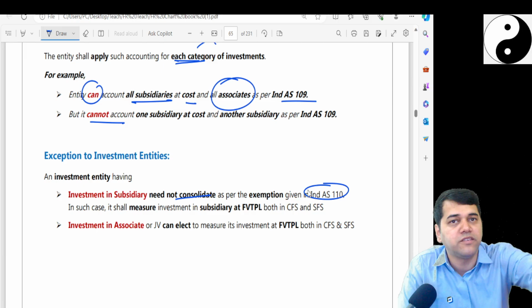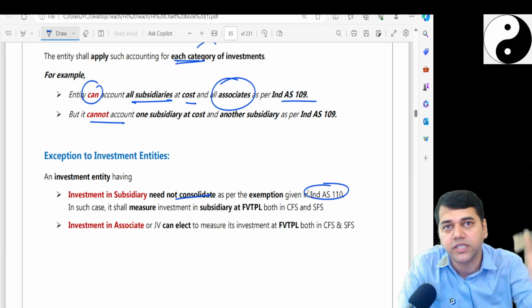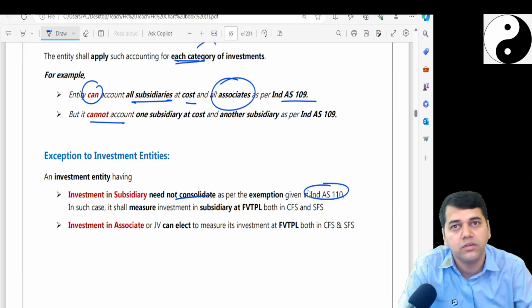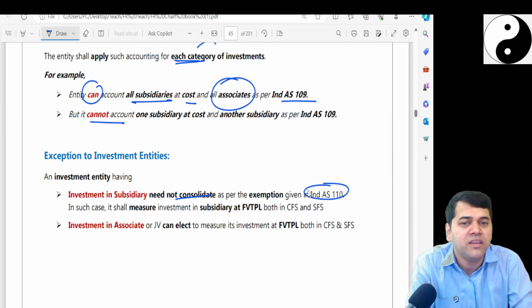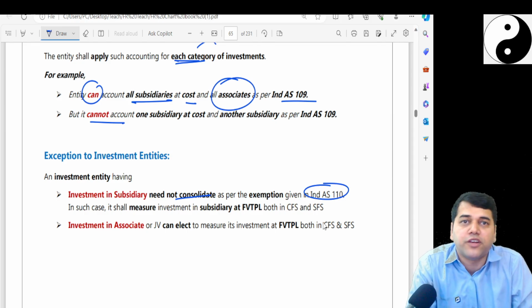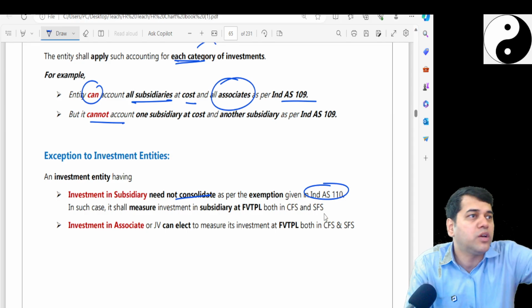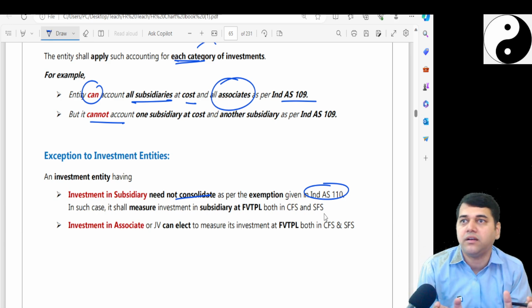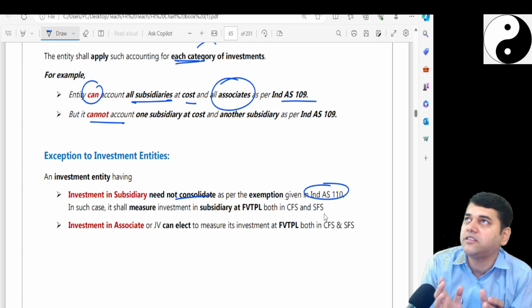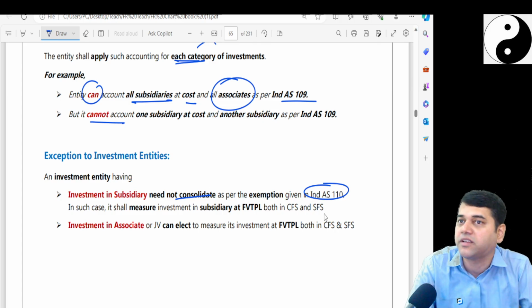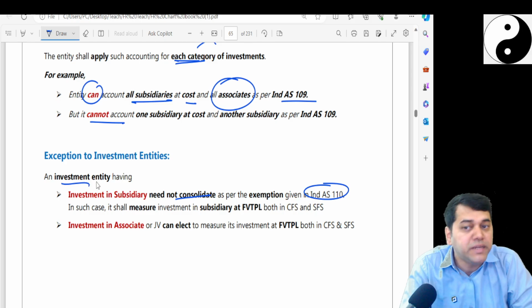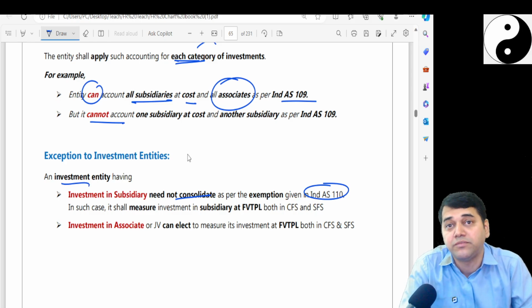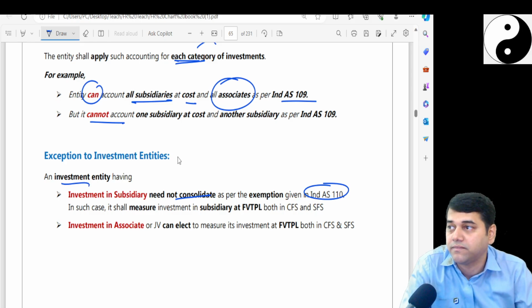LIC has invested in one company. What is their objective? Returns. Their objective is not to control the operations. That's why there is no point in preparing a consolidated balance sheet. Why would your plant and machinery be added to mine? Somebody will get confused. In LIC's consolidated balance sheet, plant and machinery is coming. What are you going to do with that? That's why for investment entities, they have given one exemption, don't consolidate.